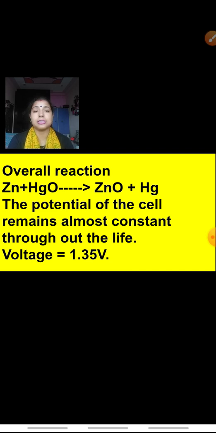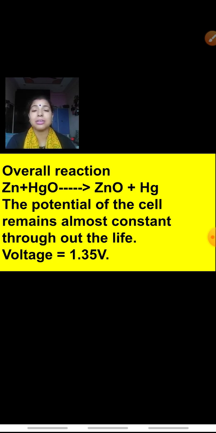Now see, there is one very important advantage of your mercury cell over all the other cells, that the voltage given out by the mercury cell remains constant throughout the life. The voltage of a simple mercury cell is around 1.35 volts.